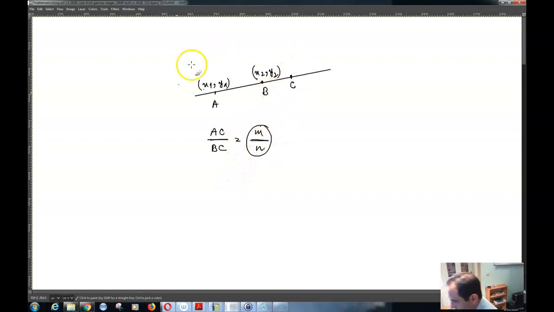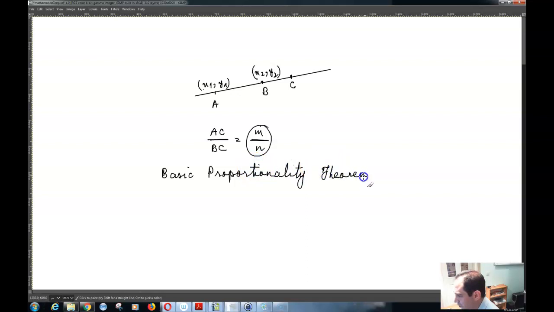So for that purpose, we need to use the concept of the basic proportionality theorem, or in short BPT, which we talked about in the previous video.